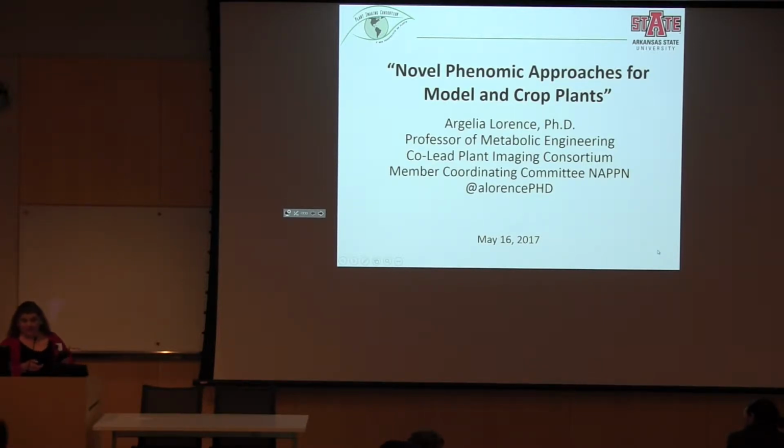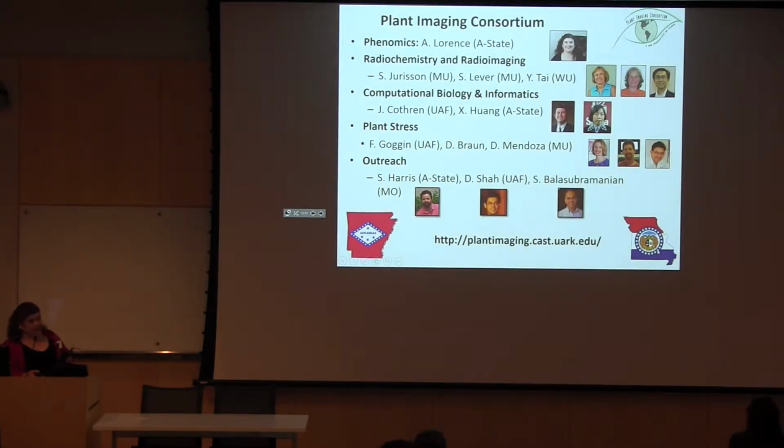So before I show you some of the phenotyping data, let me explain what the Plant Imaging Consortium is. We are a consortium of Arkansas and Missouri-based scientists, funded by the NSF EPSCoR Track 2 program.